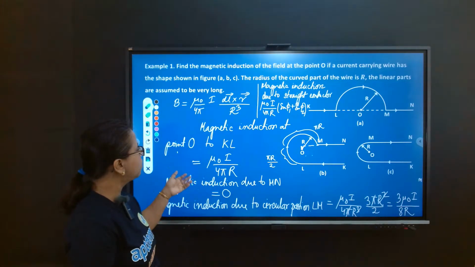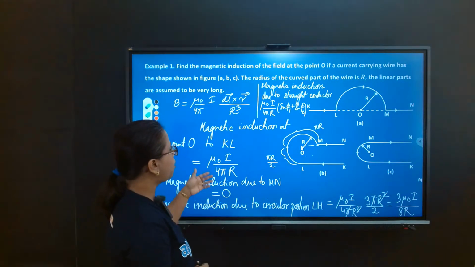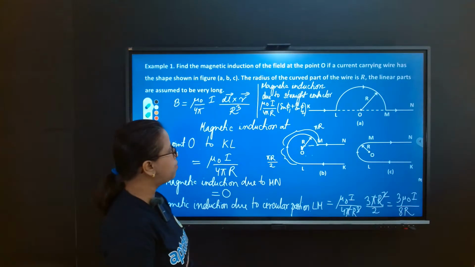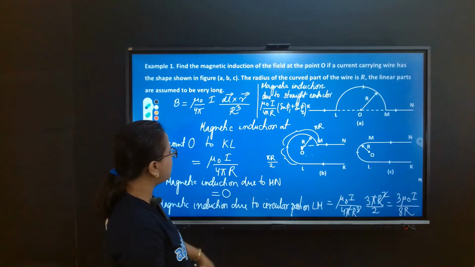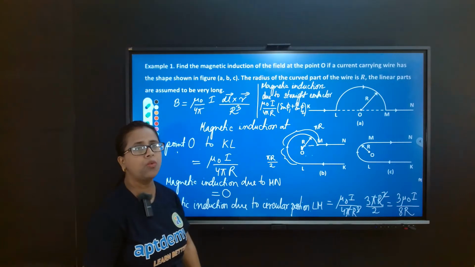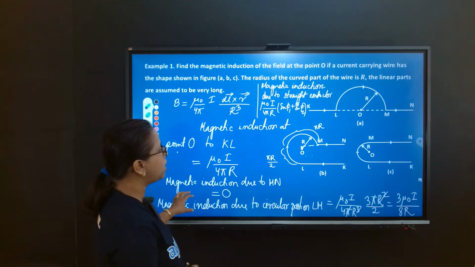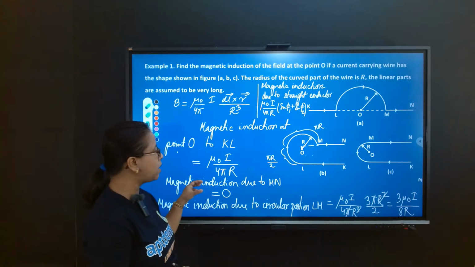Now, again, going back to the net magnetic induction at the point O due to the figure B. So the net magnetic induction is nothing but equal to the sum of the 3 magnetic inductions that we have calculated for each of the parts separately.